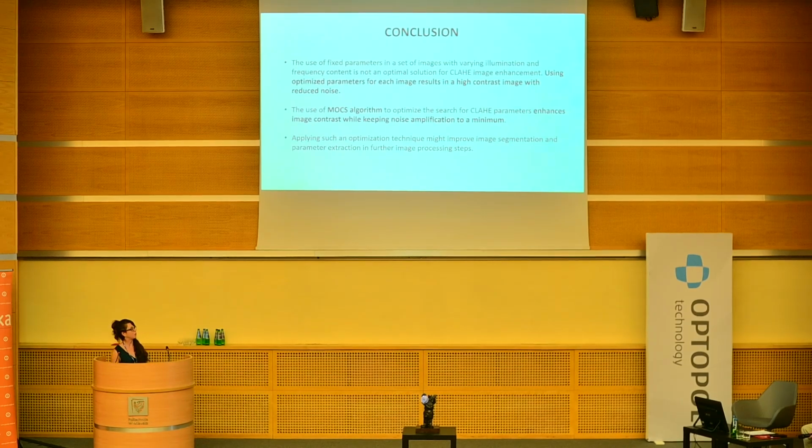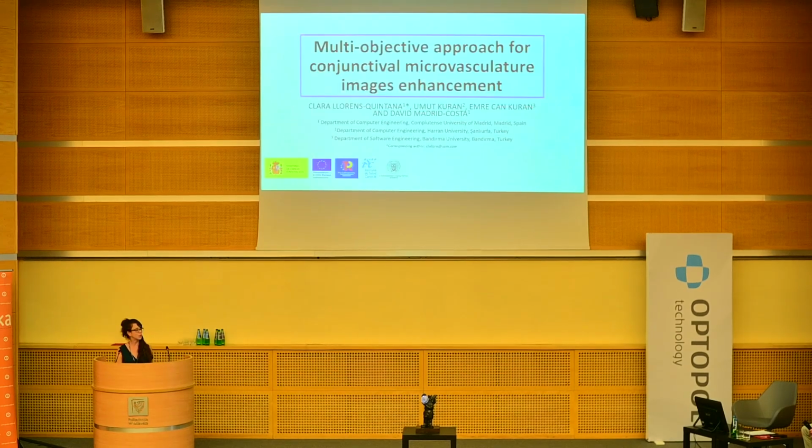In particular, the multi-objective version of the cuckoo search algorithm is able to produce images with higher contrast and less noise compared to the classical contrast limited histogram equalization. This might be useful for further steps in which we have to use the image to diagnose, classify, or extract features. And that's all.